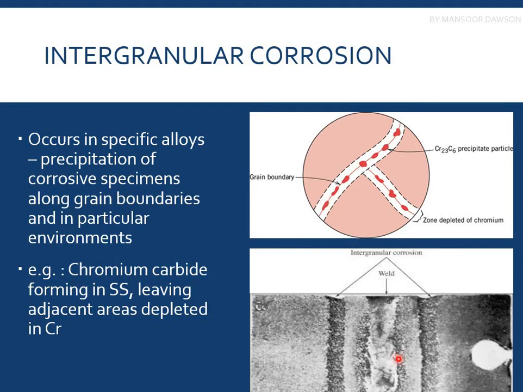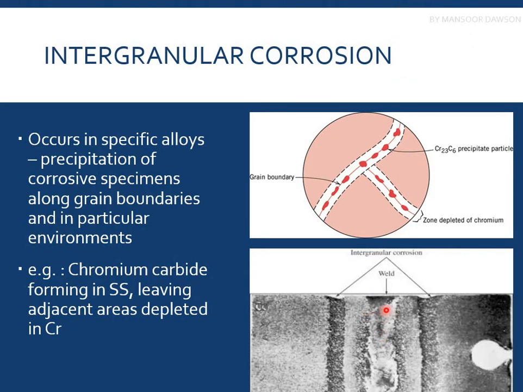So this is also called sensitization of stainless steel, and this is usually observed in the heat affected zone of the welded part. So you can see that if you are doing welding, this is the welded joint in which you have inserted a certain amount of metal, or you have just joined the metal by melting.